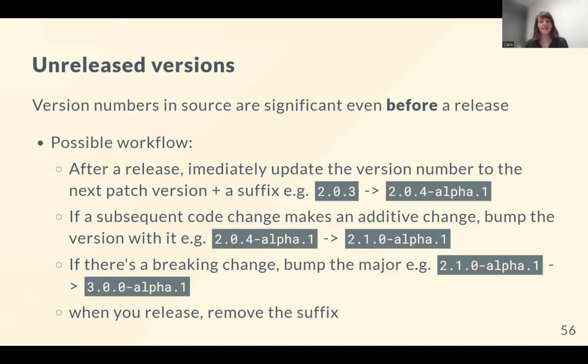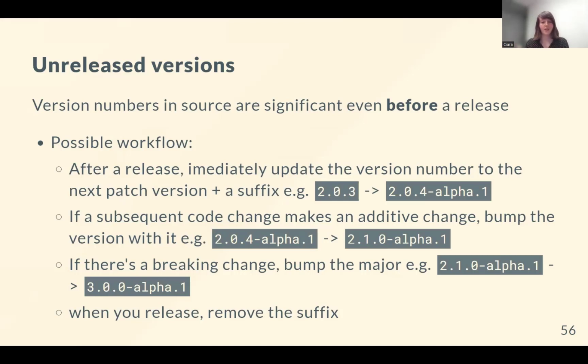So after a release, you can immediately bump the version to the next patch version. So you work on the assumption that your next release is probably going to be a patch release. But if you then, before the next release, find that you have to make a code change that's an additive change, so you're adding a feature, then you go in and bump the minor number, still with a suffix like alpha1 to tell you that it's not actually released yet.